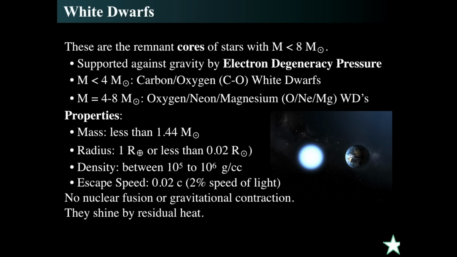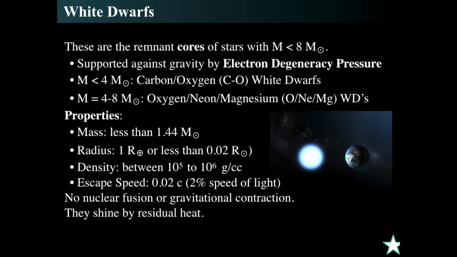So white dwarfs themselves are the remnant cores of dead stars. And they're stars which were formed from something less than 8 times the mass of the sun. They're supported against the pressure of their enormous weight. Remember, a typical white dwarf is about as big as the Earth. They're supported by the electron degeneracy pressure, which is just basically packing the electrons together.